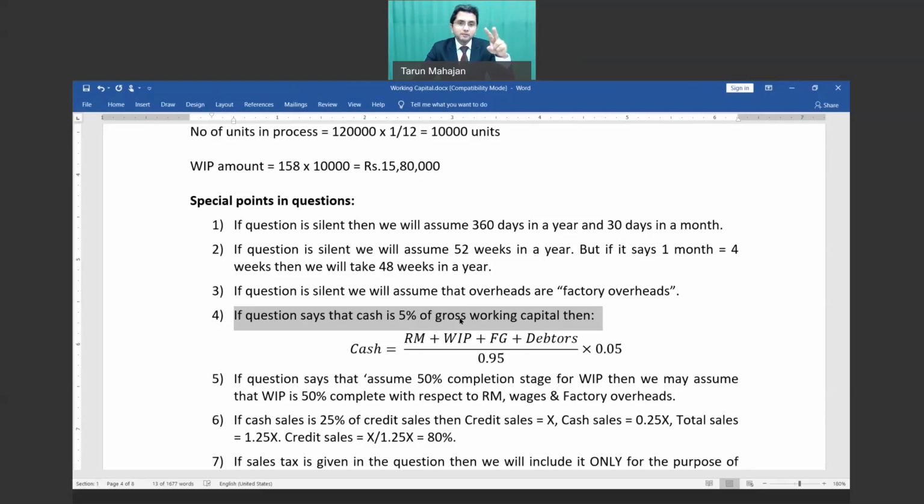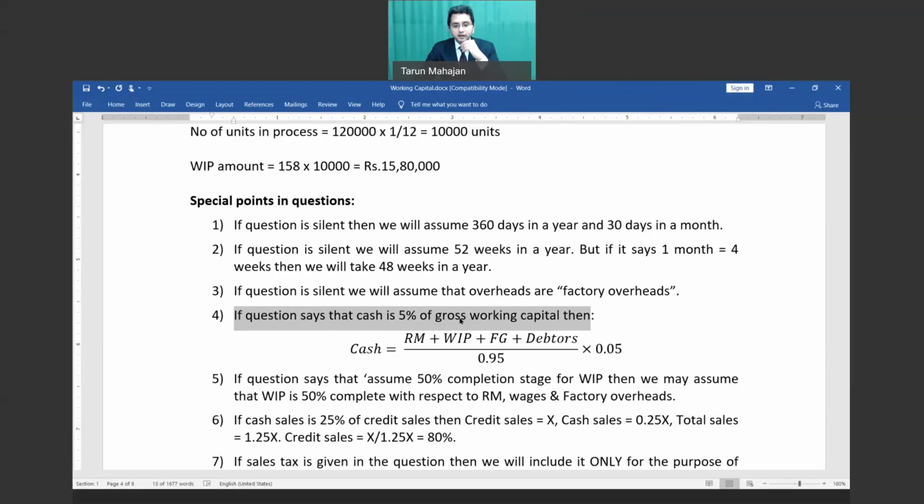Raw material, WIP, finished goods, and debtors you have calculated. But for the purpose of calculation of cash, they give you information like this: if the question says that cash is 5% of gross working capital, so cash is equal to gross working capital into 5%.